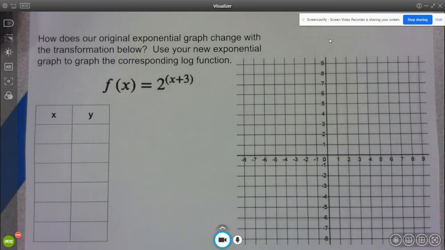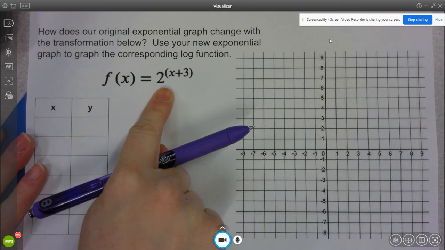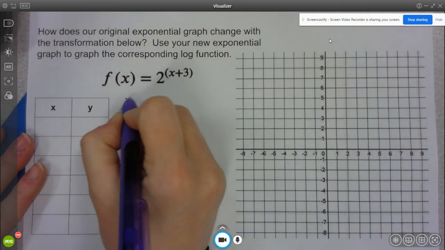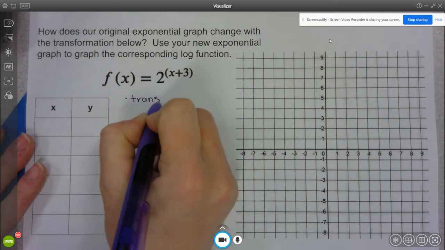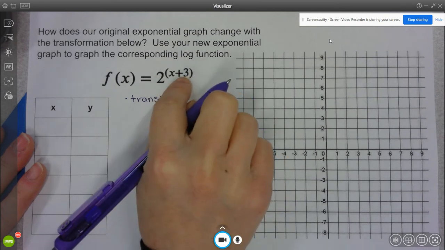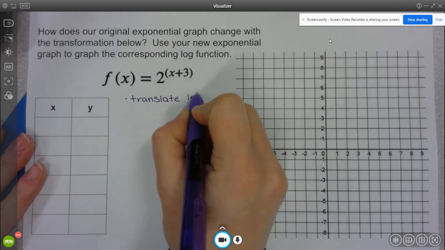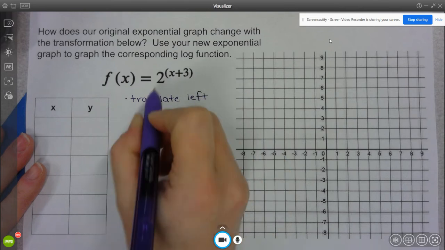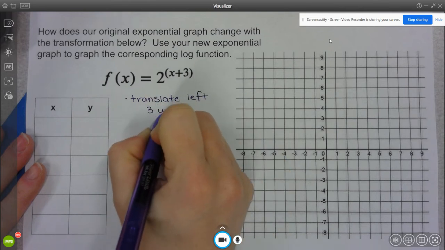So if I am switching something with x, and I'm making some type of effect on x, that is a side-to-side translation for my exponential function. So this is actually going to translate, remember it's the opposite of what I see, so it's going to be left 3 units.